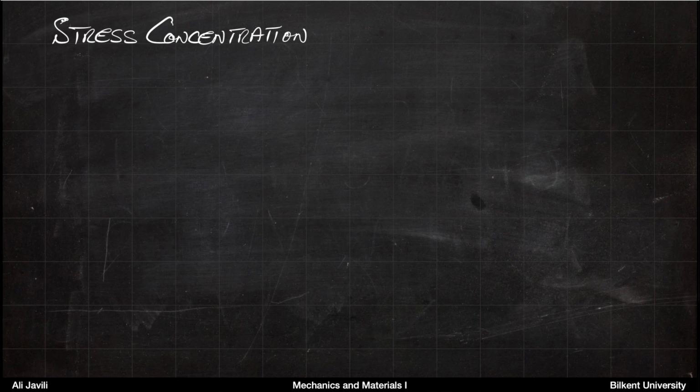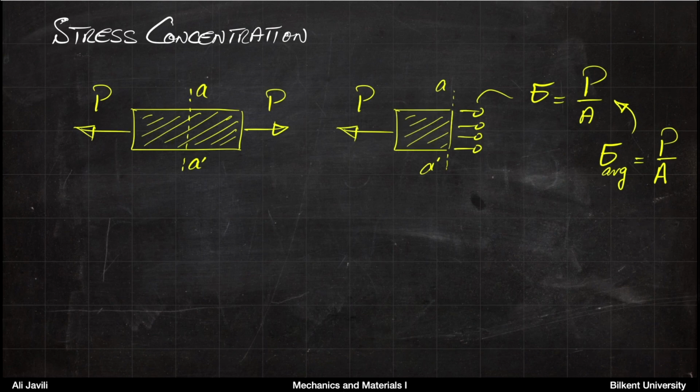The next topic we want to talk about is stress concentration. Now think of a member as shown in the figure, on which you apply the normal forces P in two opposite directions to cause a tension in the member.